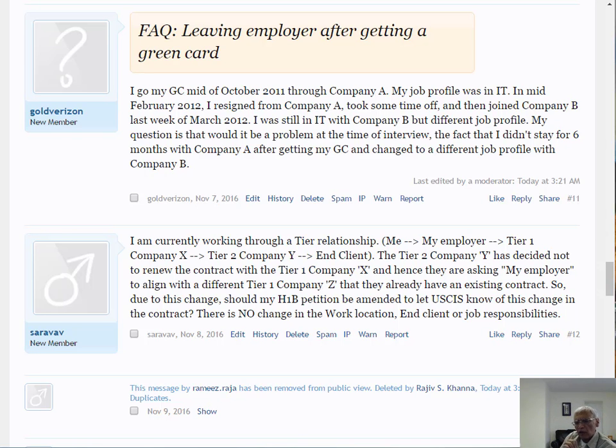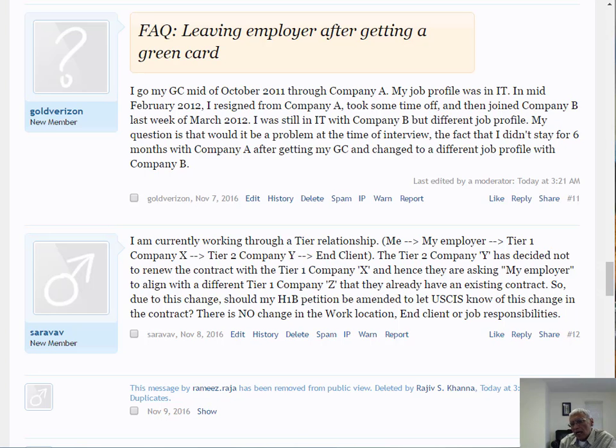If we were to strictly go by the law, first of all, permanent does not mean forever. Permanent means indefinite. So if I get a green card through your company and I have the intention to remain only for 5 years, after which I want to leave, on the date I got the green card, that was my intention. I really don't have a permanent intention because I have a year in mind.